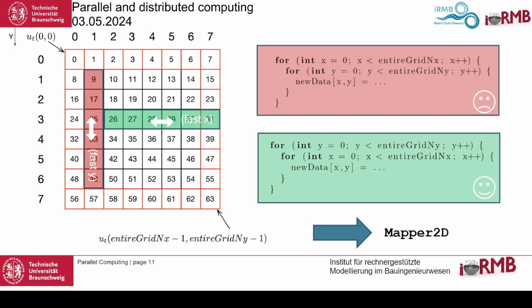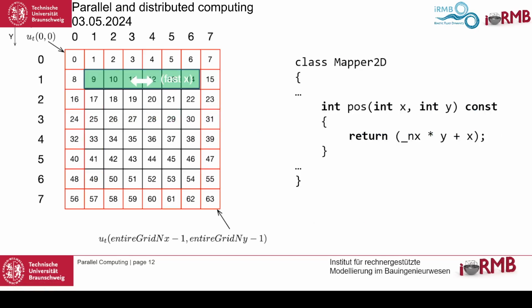And if we do this, we have to take care which is the fast and which is the slow index. So of course this depends entirely on how we implement it. In this case, it is implemented in this way that we like to iterate over x first, and this is something that we see if we look into the class mapper2d in particular.